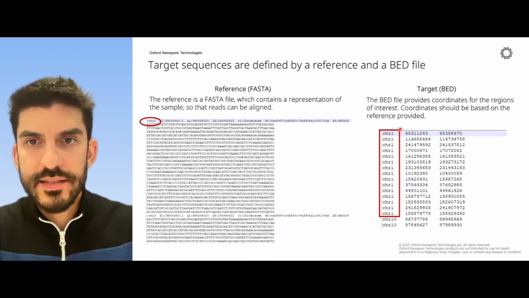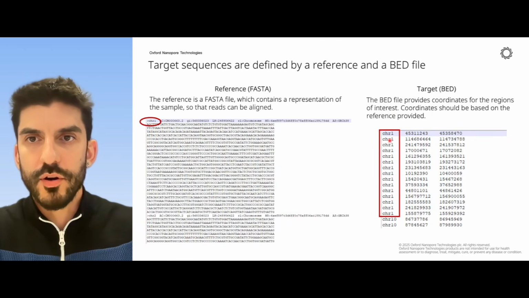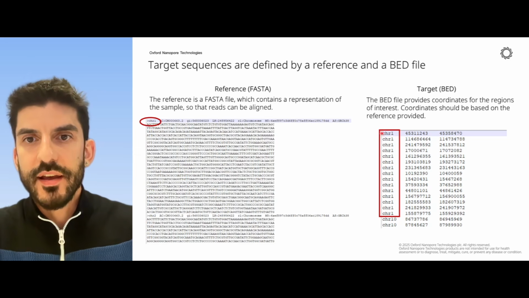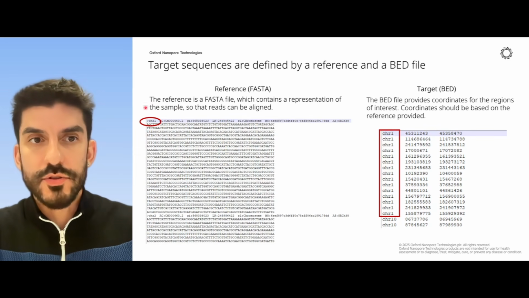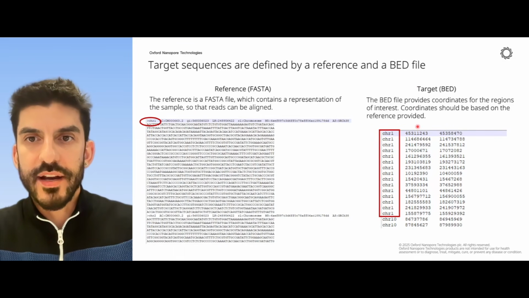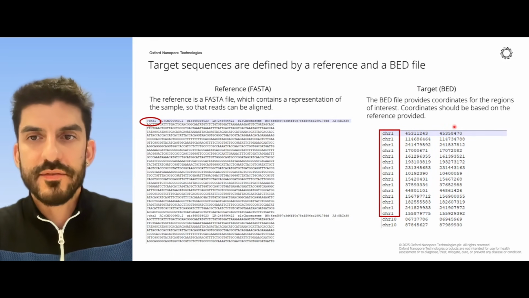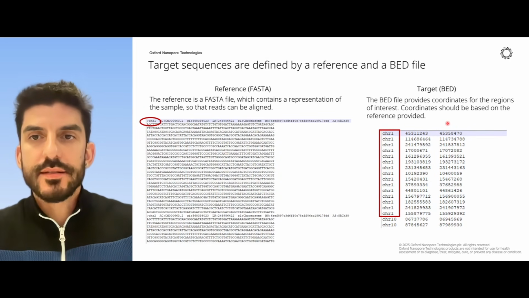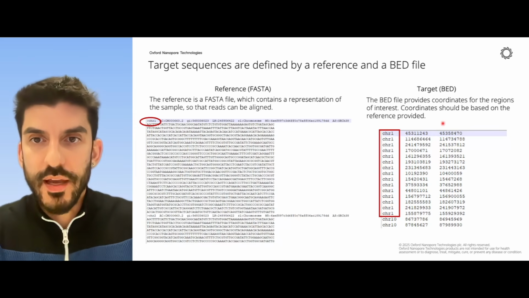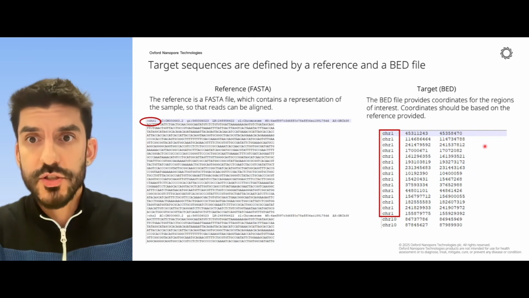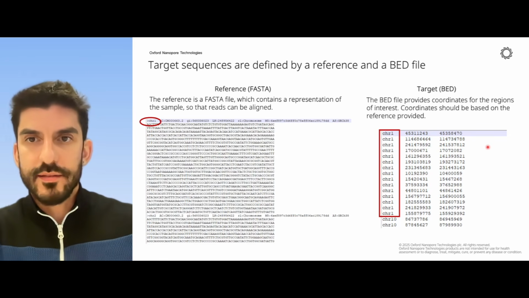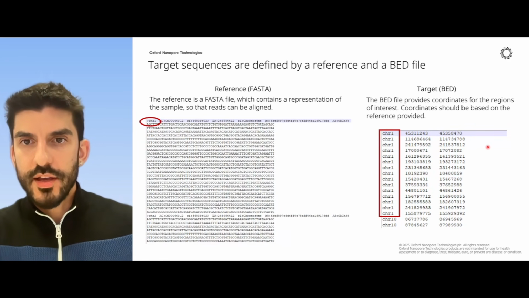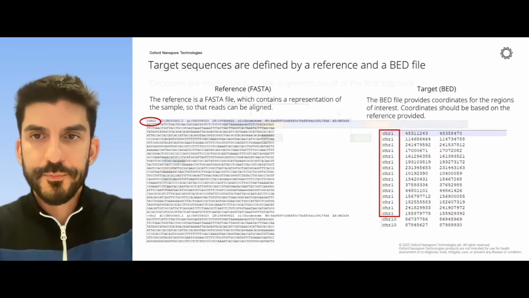And this is done by simply taking the first column of the bed file and specifying the tag used by the chromosome in the reference, using the second column to specify the initial coordinate and the last column to specify the last coordinate. So between these coordinates lie the bases related to the region of interest that you want to enrich for. And as you may have understood, each one of these lines will specify a different target that we are interested in enriching for.